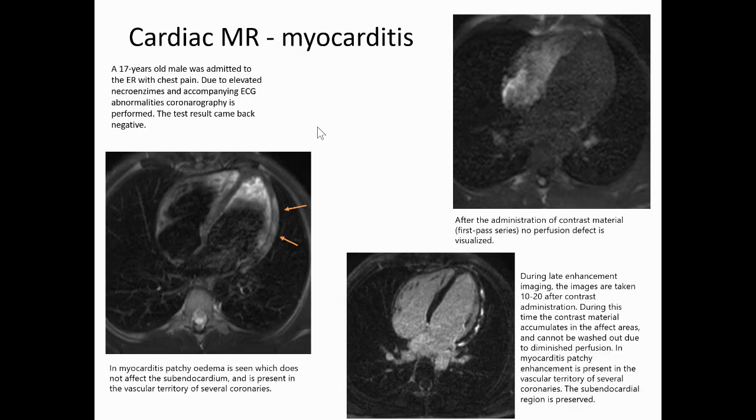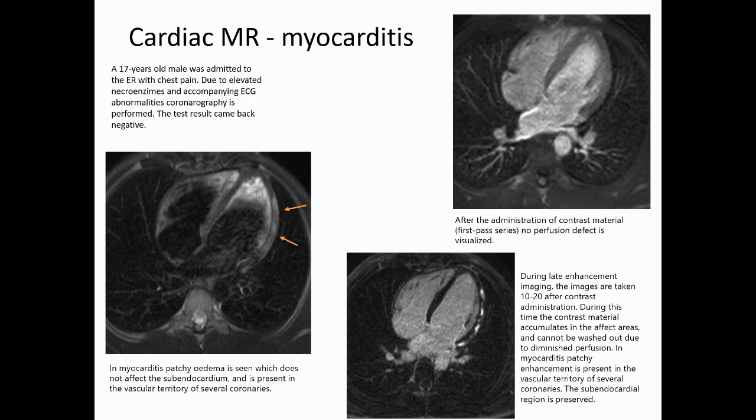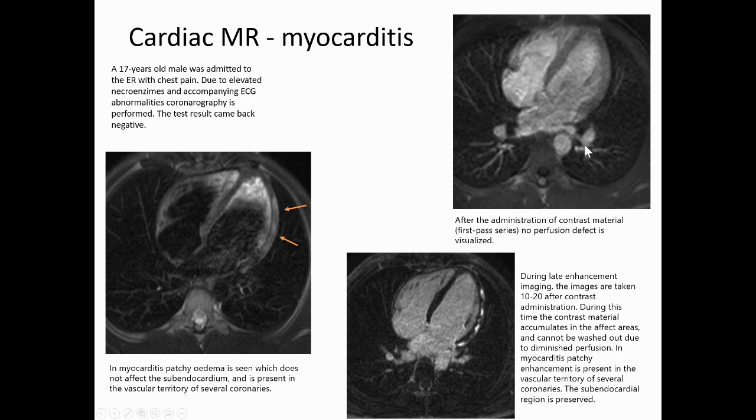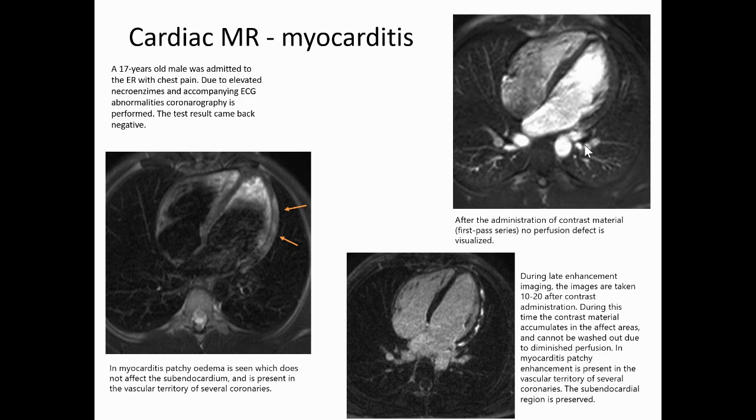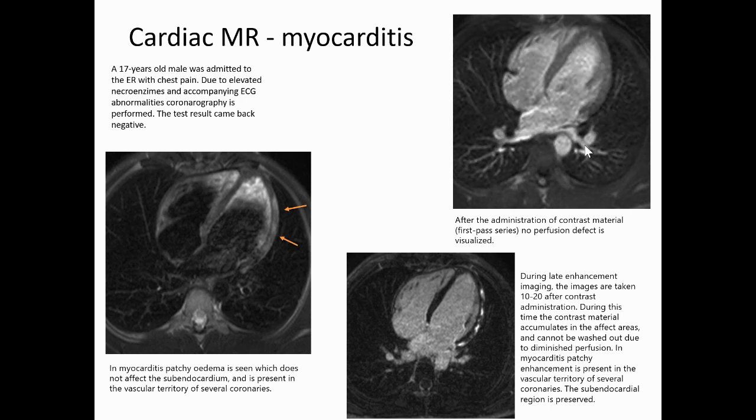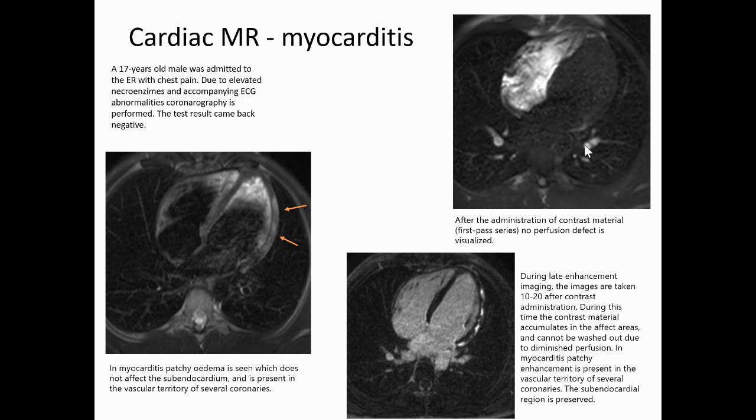Myocarditis is a very serious disease, and here is a 17-year-old with elevated necroenzymes and ECG abnormalities. Coronarography was performed, but the test result came back negative. So we again give the patient contrast material, but we don't wait 15 minutes because we don't want to know the late enhancement for now.